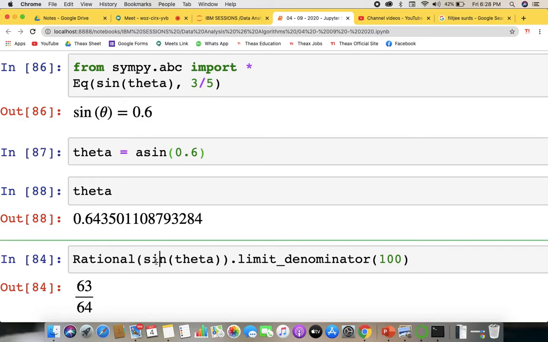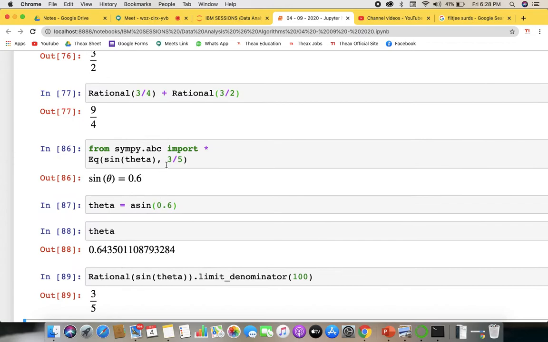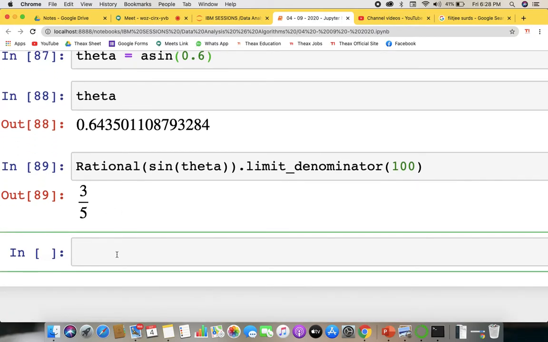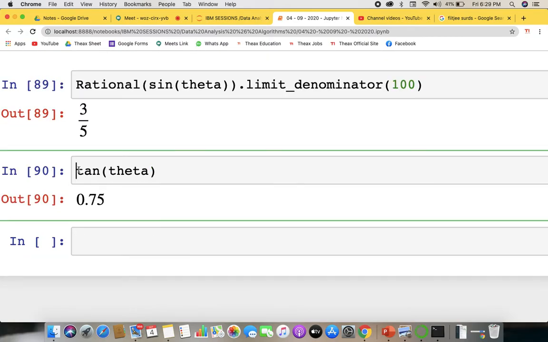Okay. So what is the value of sine theta then? 3 by 5. See, representing it now. Okay. So the rationals are coming in fractional form. So if this is the value of sine theta, what should be the value of tan theta? This is 0.75. Finding a rational of this.